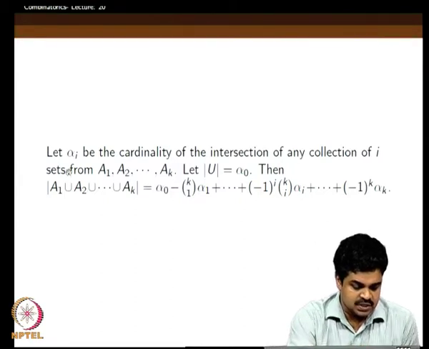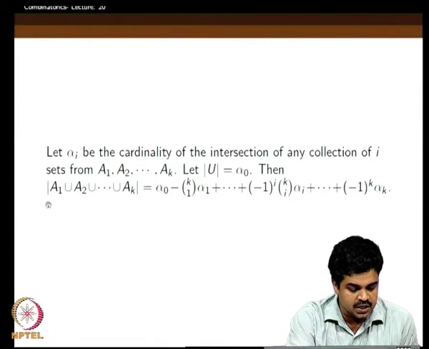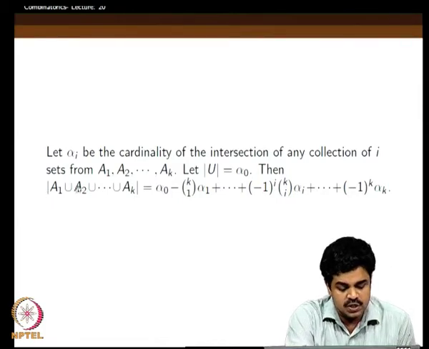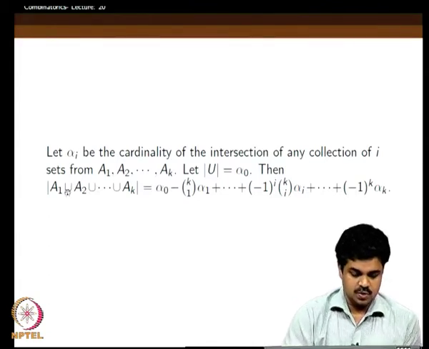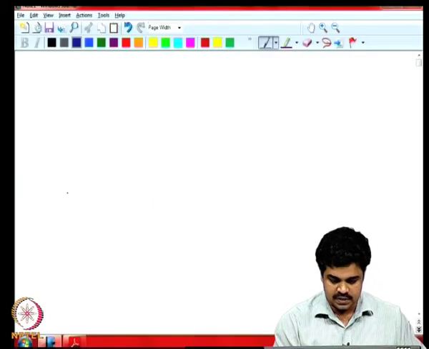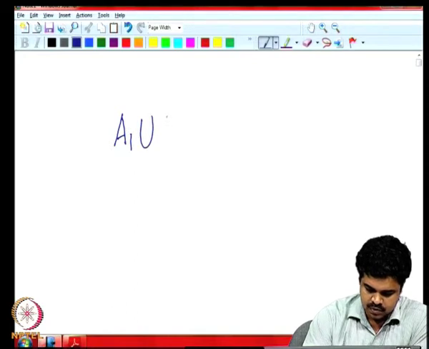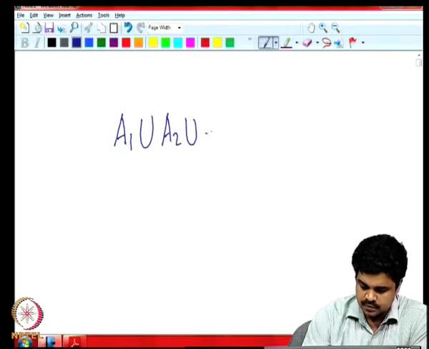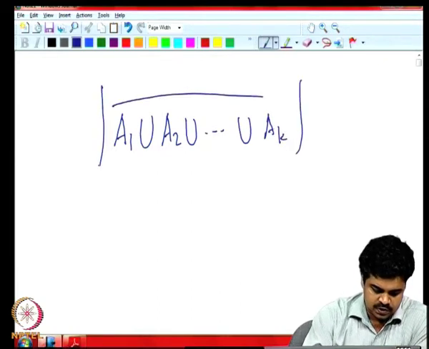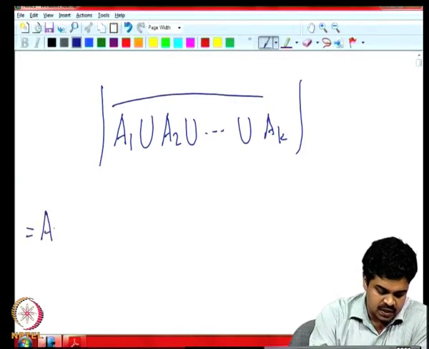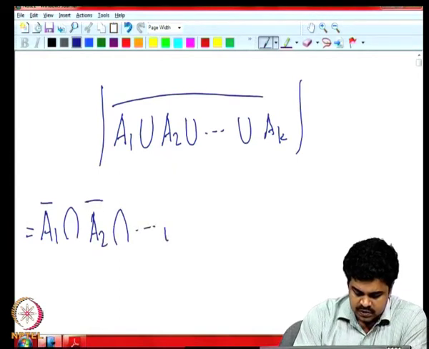Here in this case I have made a mistake in this slide. So what we want is the cardinality of the complement of A1 union A2 union up to AK. I will write it correctly. We want the cardinality of the complement of A1 union A2 union AK. We have seen that this is the same as A1 complement intersection A2 complement intersection up to AK complement.